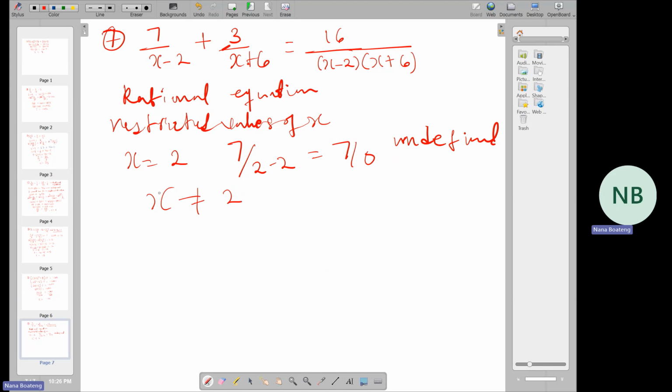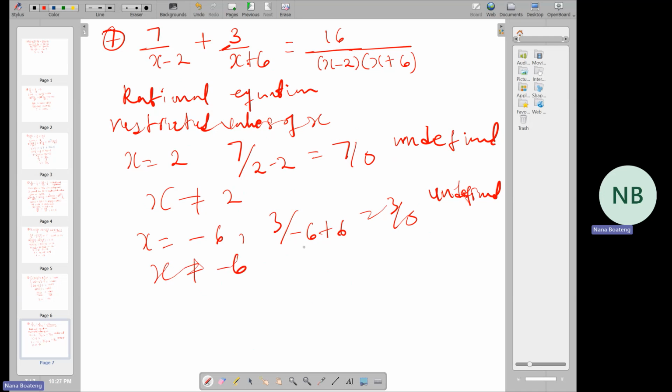And from the second term, if x is equal to negative 6, then we would have 3 divided by negative 6 plus 6, which is 3 divided by 0, which is also undefined. So x cannot be equal to negative 6. So 2 and negative 6 are restricted values for this rational equation.